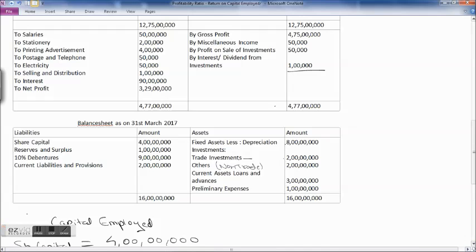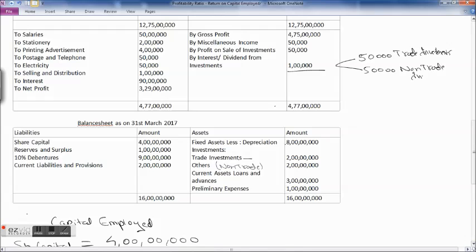Your total investments is, trade investment is 2 crore, other non-trade investment is 2 crores. Now they have not bifurcated these investments as trade investments and non-trade investment, interest and dividend. So what we will assume is that since the investments are 2 crores and 2 crores, of this 1 lakh interest and dividend received from the investment, 50,000 is from trade investment and 50,000 is from non-trade investment.